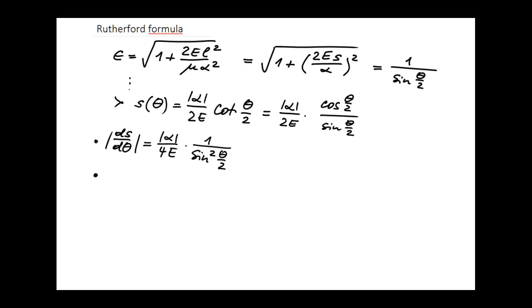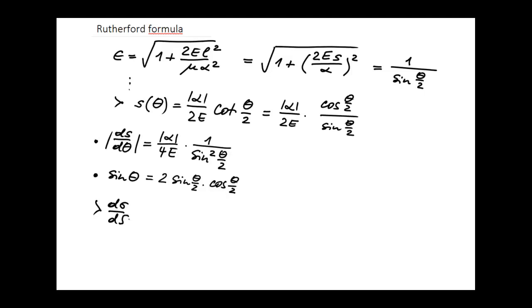And then finally, a simple trigonometric relation that is helpful. We can express the sine of theta that features in the general formula for the differential cross-section. We can write it as 2 times sine of theta over 2 times cosine of theta over 2. That's a simple trigonometric relation. And then we are ready to calculate the differential cross-section.